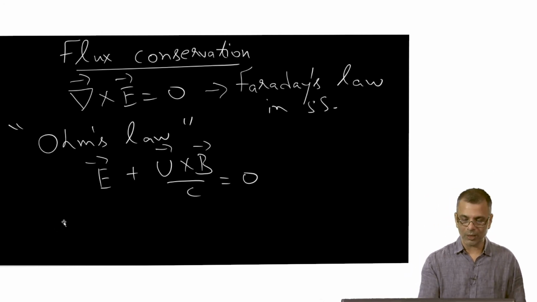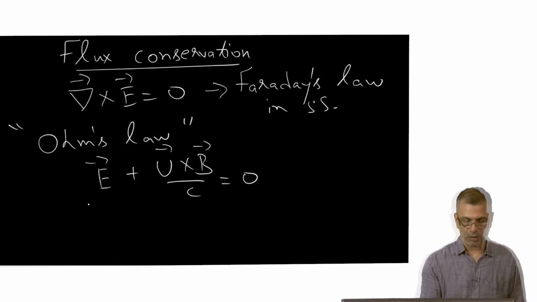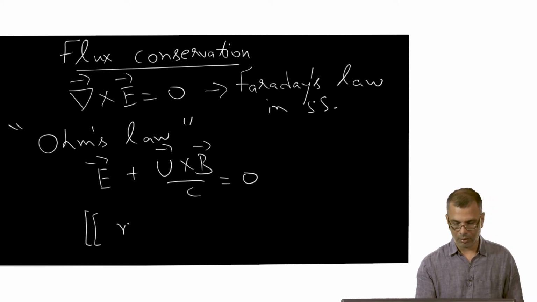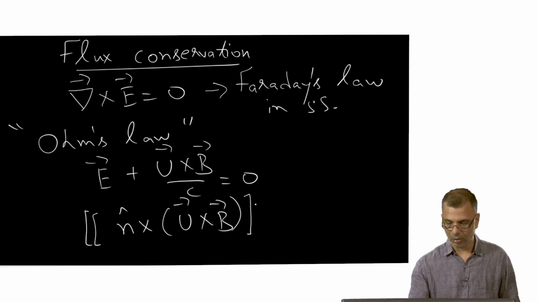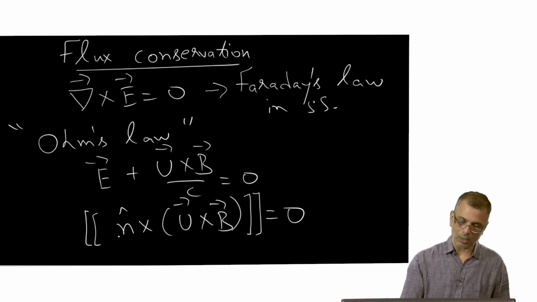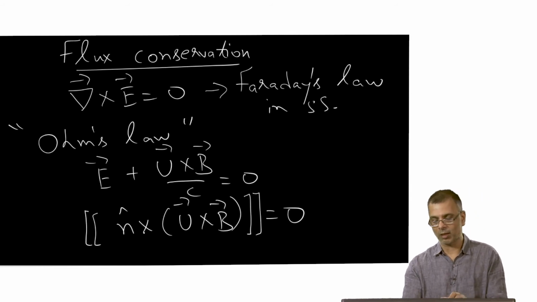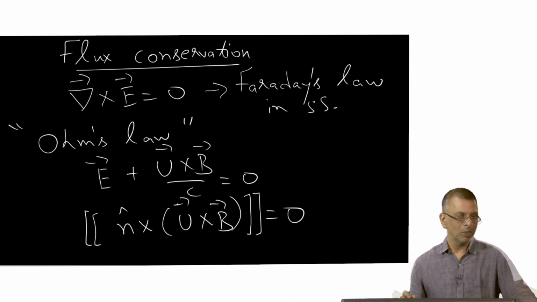After integrating over this kind of a thin cylinder, you will get n hat cross u cross B. This is the jump condition that arises from flux conservation. In other words, this quantity, the difference on the two sides of the shock, has to be equal to 0. So this is the new constraint that arises from flux conservation.